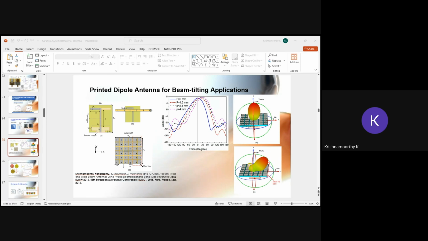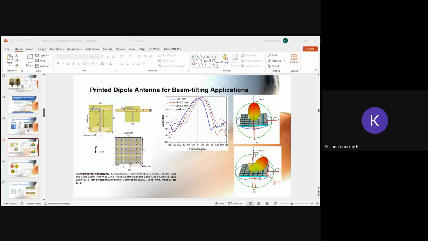If you want to put the metamaterial structure along the antenna plane, then some band gap structures, some band gap applications, can be kept along the antenna dimension. Suppose you want to keep it below the antenna, like the ground plane, then an electromagnetic metamaterial structure gives artificial magnetic conductor behavior.